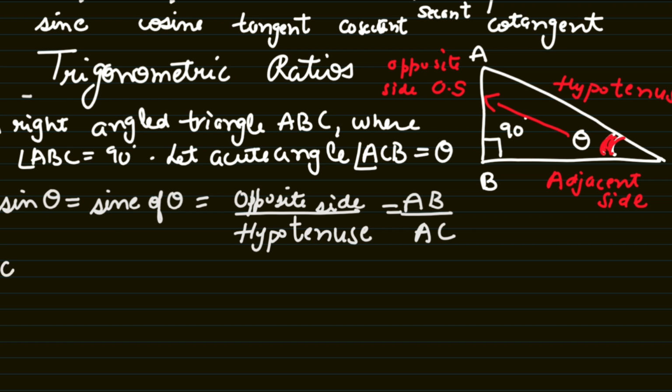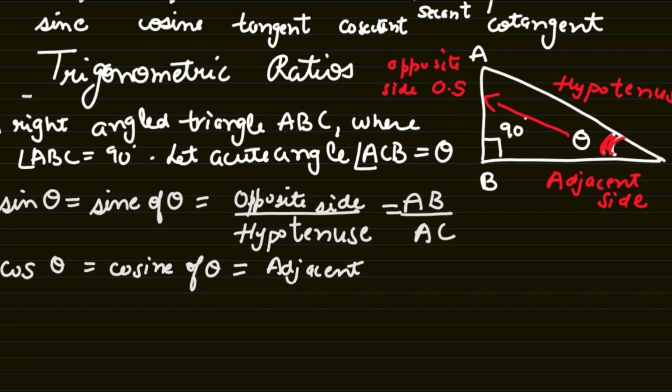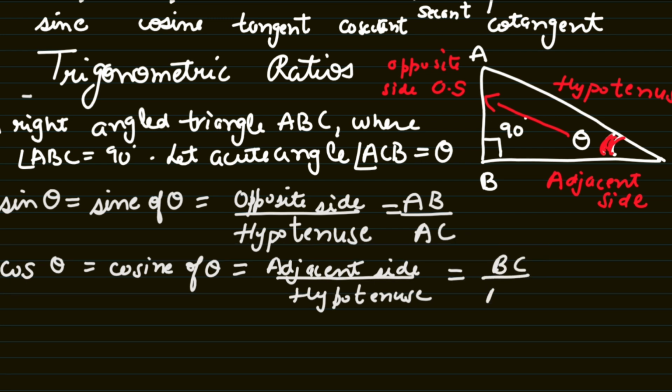Similarly, cos theta, that means cosine of theta, will be the adjacent side, that is the side that is part of this angle theta, divided by the hypotenuse. The adjacent side is BC and the hypotenuse is AC.